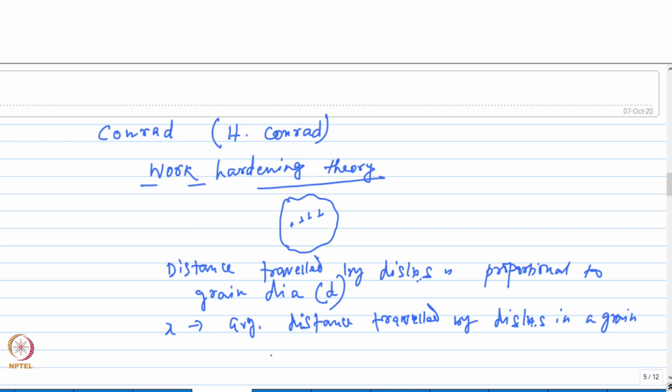Then we can write x equal to beta d, where beta is a constant, right? So x equals beta d, where d is the grain size, and the strain will be given by this.